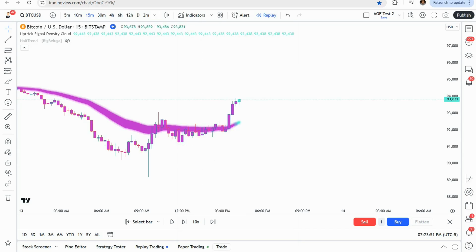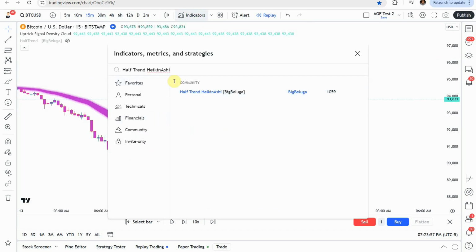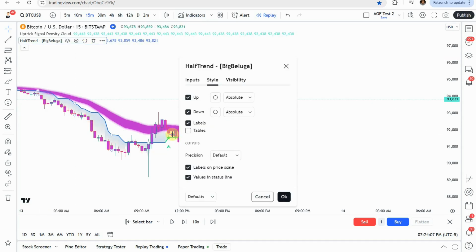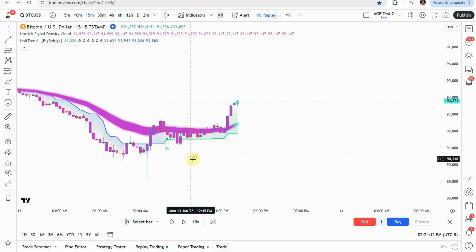Then click OK. The next indicator we are going to add to the screen is going to be the half trend indicator, the half trend Heikin-Ashi indicator to be exact. This one here. Go ahead and click on that one and add it to the screen. And we are going to jump into the settings of this one, and the only thing that I turned off was the tables. Then click OK.